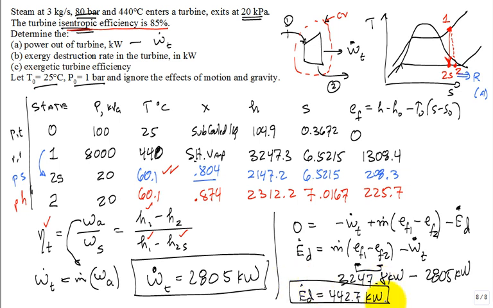What about the last one? What's the exergetic turbine efficiency? Well, this is the second law turbine efficiency. It's something new for us. Let me try and tuck it in right here. If you had an exergetic turbine efficiency, it's really the ratio of what you wanted to happen, but you didn't get as much out as possible, over what was provided. Okay? What you desire or got out of it, over what was spent or provided.